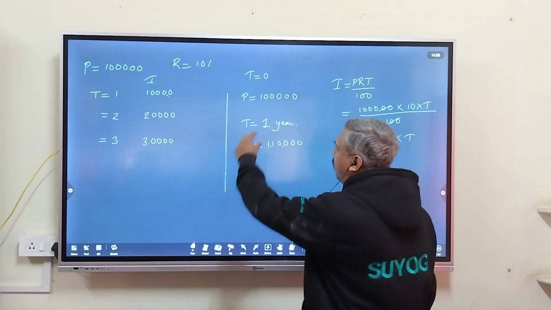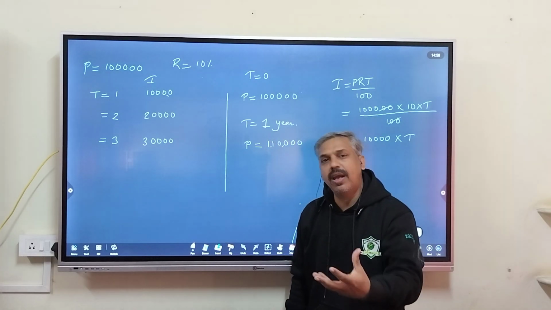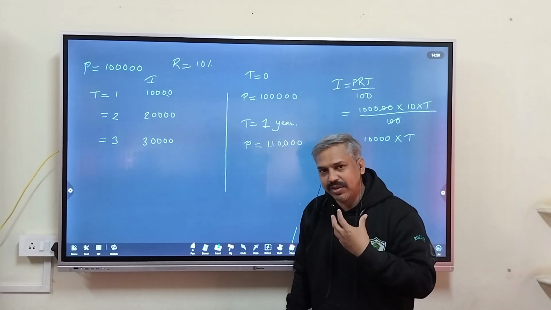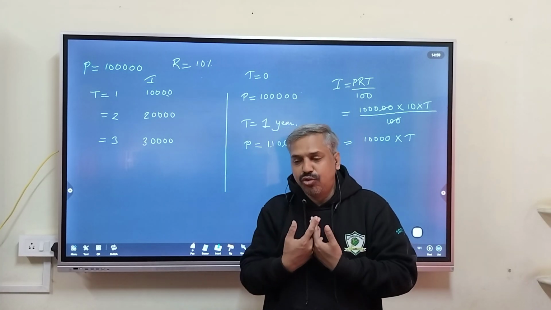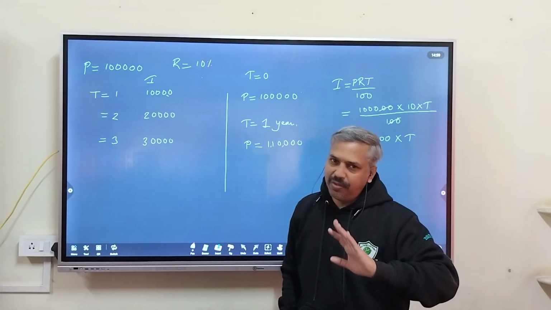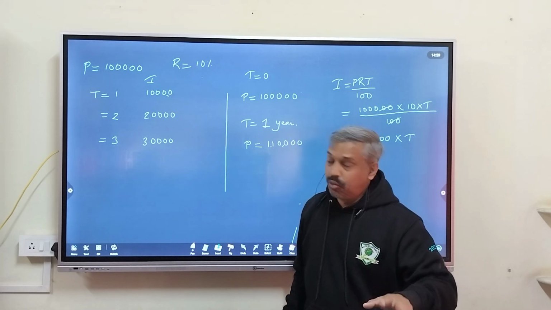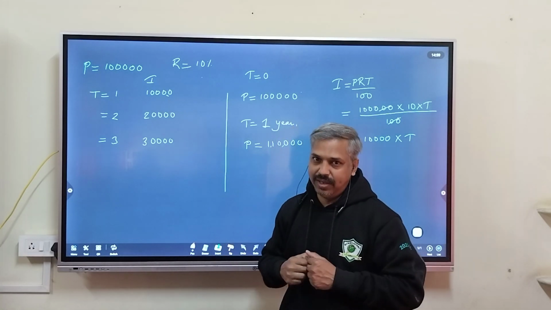Why? Because this 1 lakh rupees was already given to me by him. He had lent me 1 lakh rupees. But the 10,000 rupees I should have paid as interest for the first year, which I have not paid back. So even this money belongs to him, but it is with me.